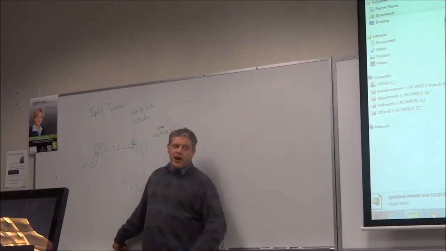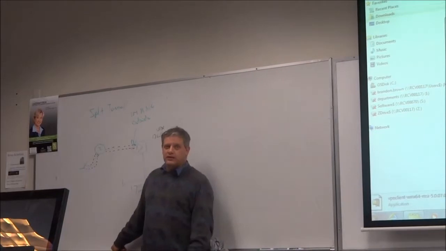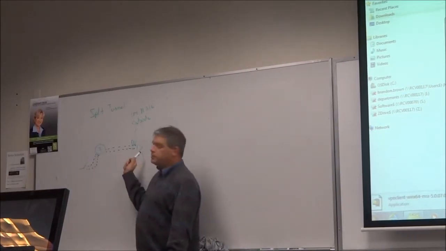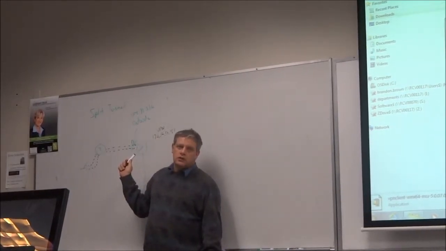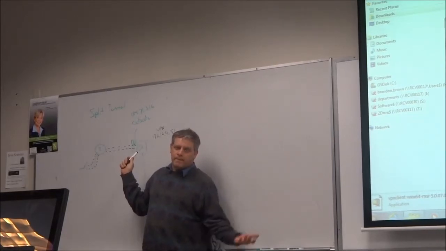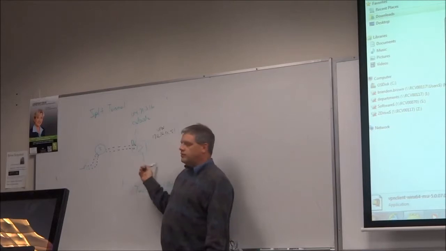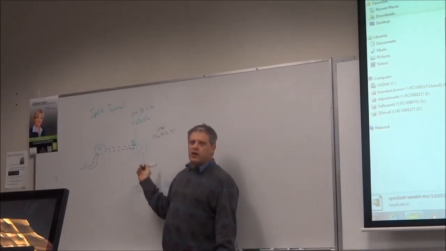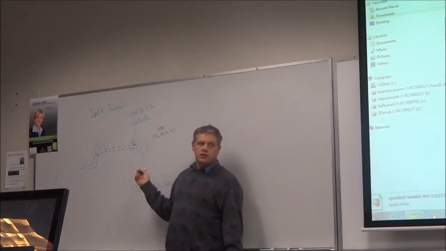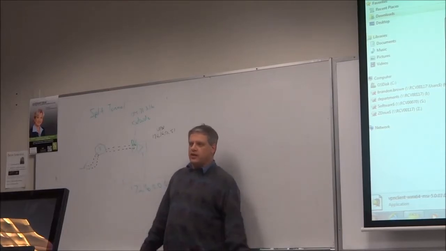If I did not set up split tunneling, this tunnel would come up, and 9 times out of 10, unless I had some funky hairpinning routing going on here, I'm not going to get to the internet. It's going to just be dead.